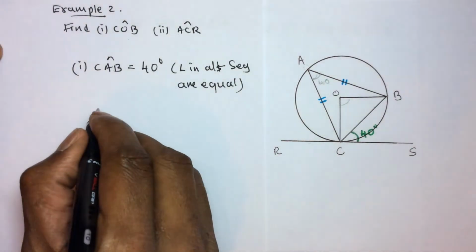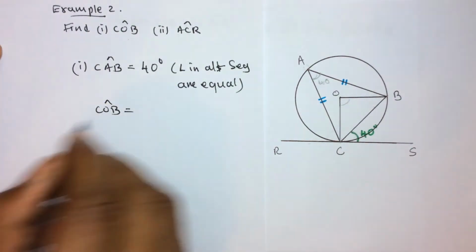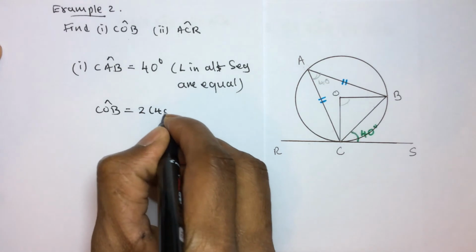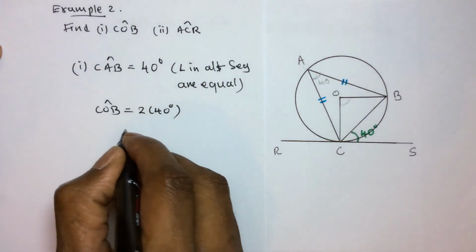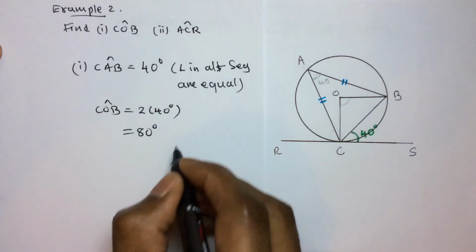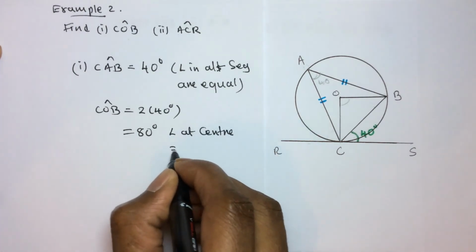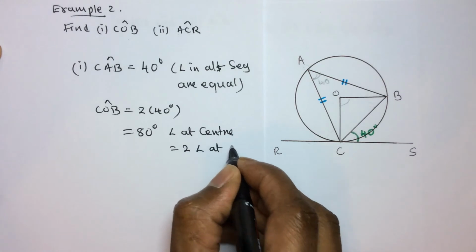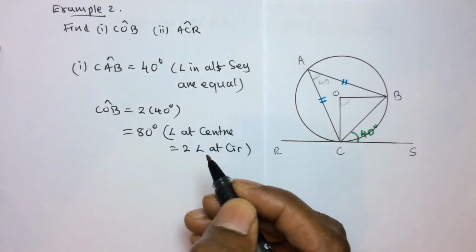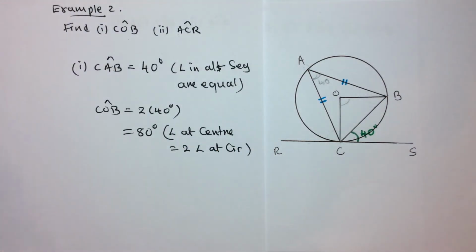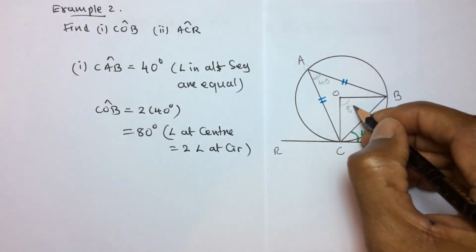Therefore, COB is equal to 2 times 40, which is 80. Angle at the center is equal to twice the angle at the circumference. So COB is equal to 80.